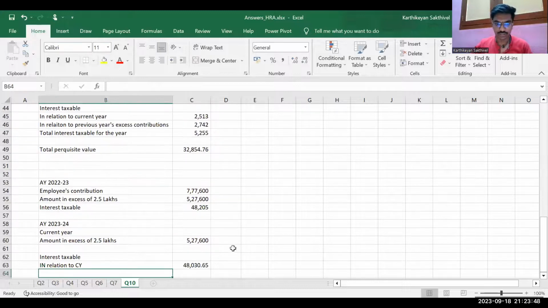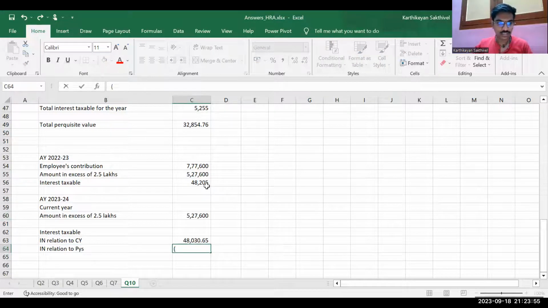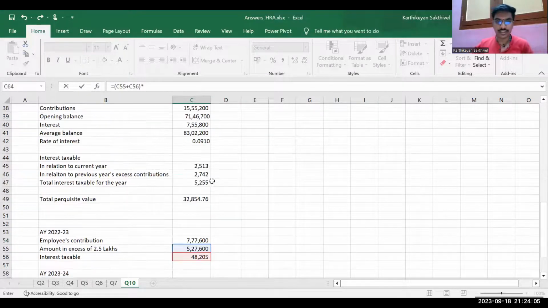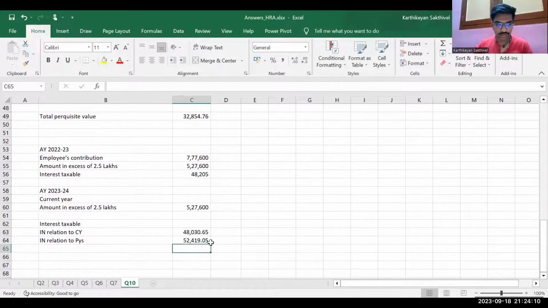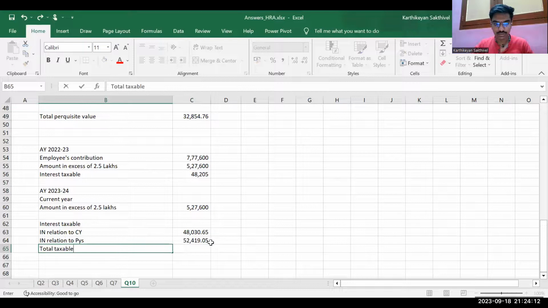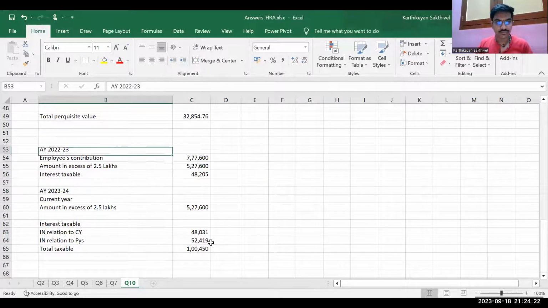In relation to previous years, போன வருஷம் வந்து 5,27,600 plus அதுக்கு வந்த இன்ட்ரெஸ்ட். இது ரெண்டுத்தினுடைய current year rate of interest, இது மட்டும் taxable. Total taxable வந்து இது ரெண்டும். So it is somewhere around 1,04,49. Correct?